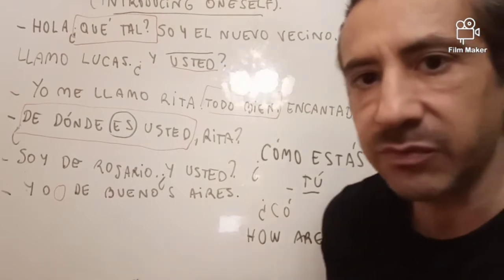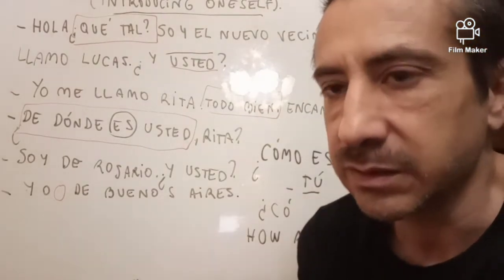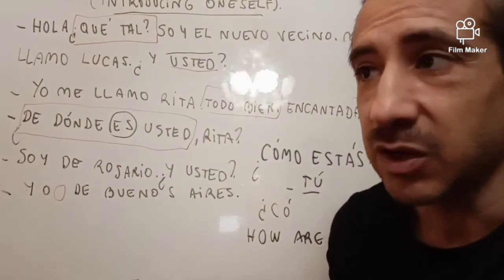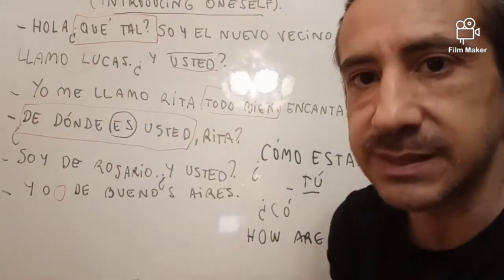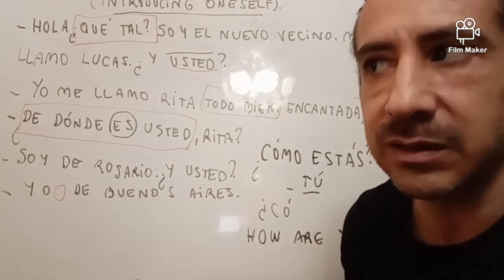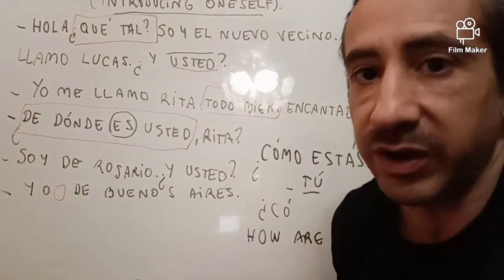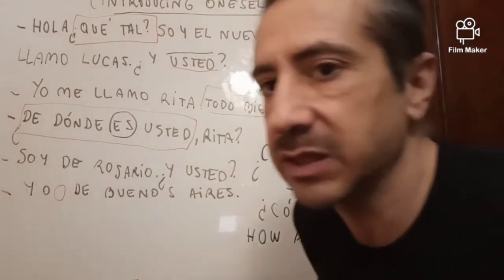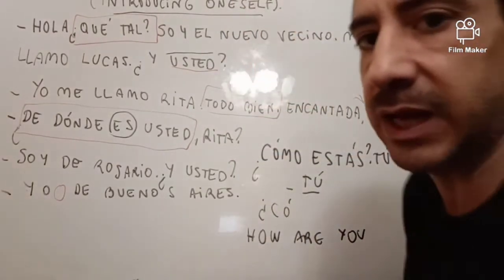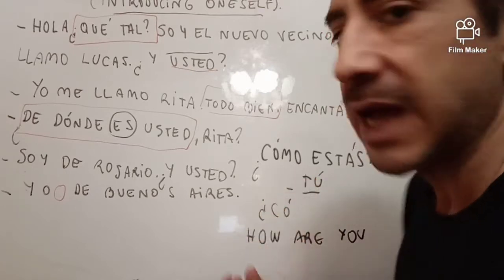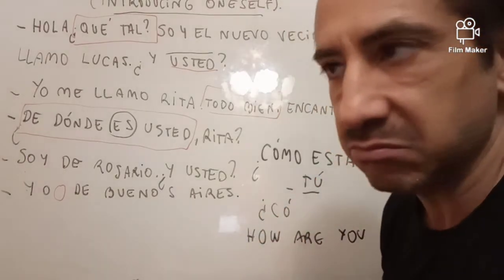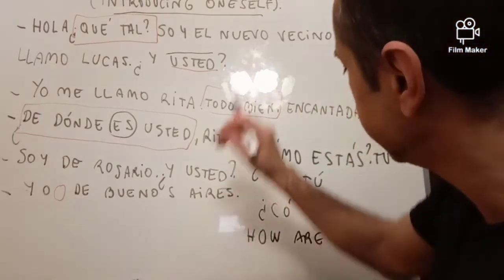On the degree of the relationship, on the age, on interests, it'll emerge naturally, or it won't. But that's got nothing to do with the way we say hello, how are you. I personally say all the time, ¿Cómo estás? Bien, ¿y vos? And that's all.